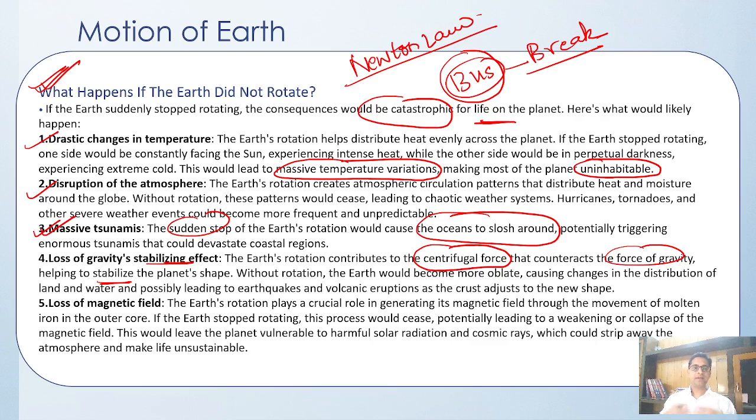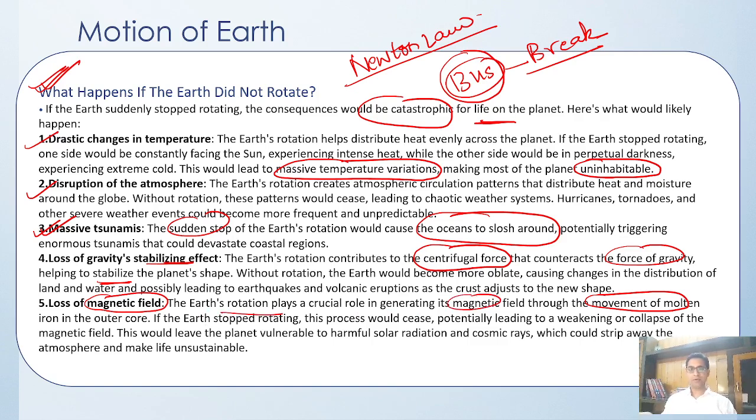Because of the sudden stoppage, the magnetic field of the earth will also be lost. Magnetic field is very important, because it is generated by the movement of molten iron in the core, so the earth's rotation helps in generating it.